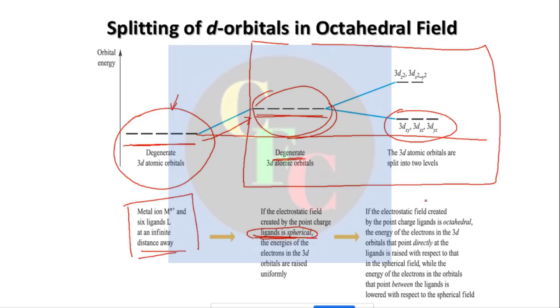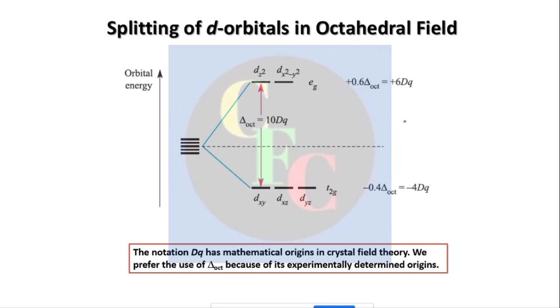So it is important to note that this splitting of d orbitals is with respect to the spherical field, not to the naked metal ion or free metal ion. This is important. Okay, so this is called the crystal field splitting.